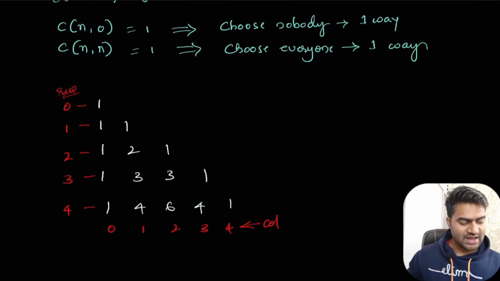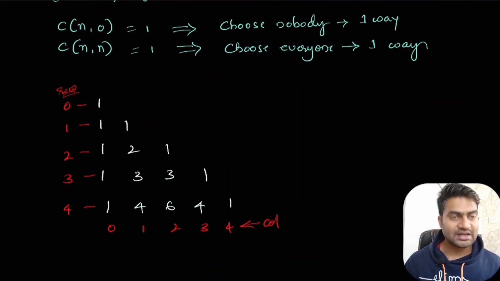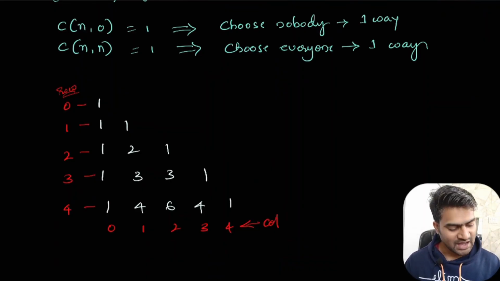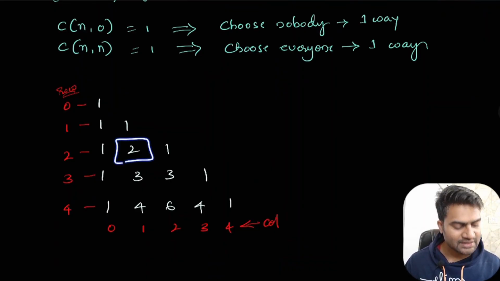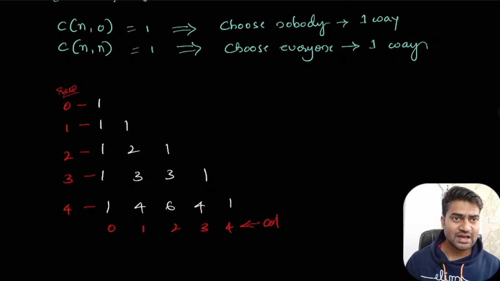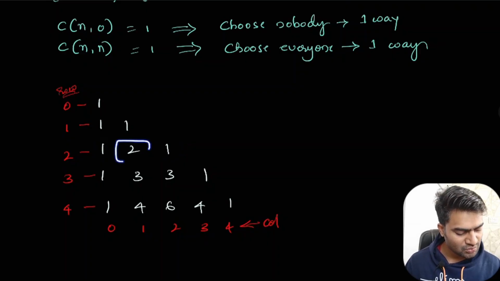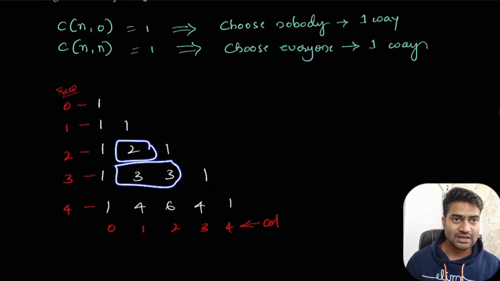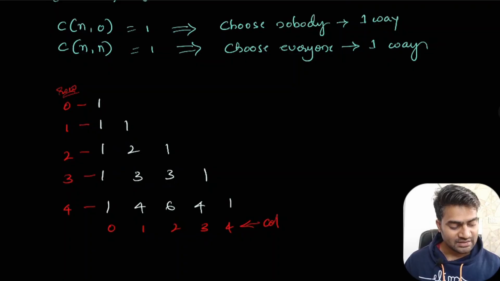Now let us try to understand how to calculate this particular value. Assume the start and end values, the edges, are 1 only, but if we want to compute any in-between value, you can consider any cell and calculate that value by using the combination formula.